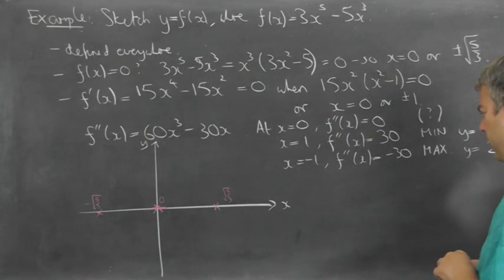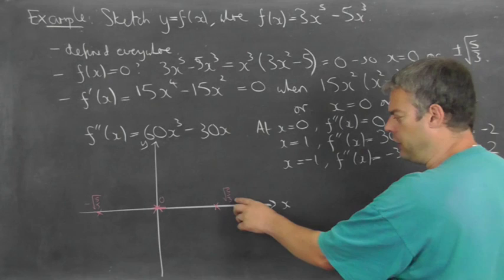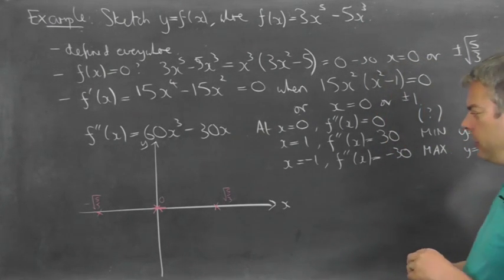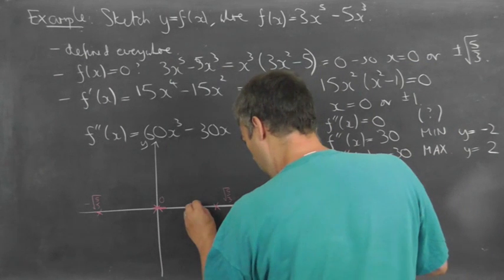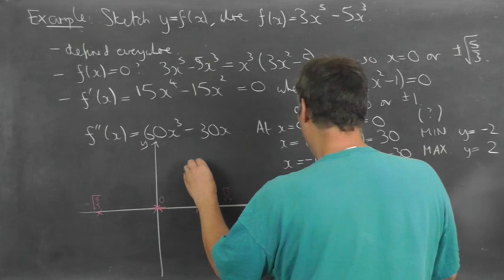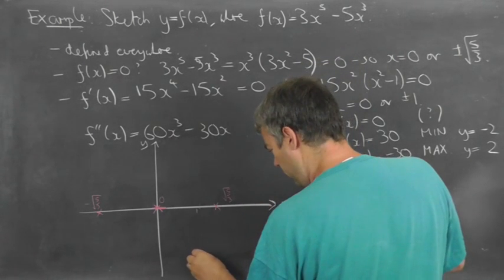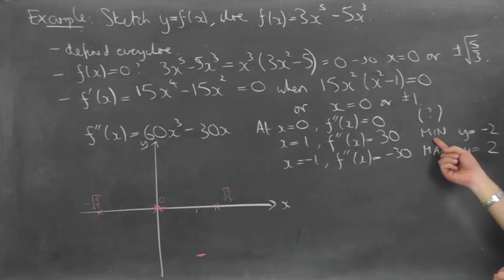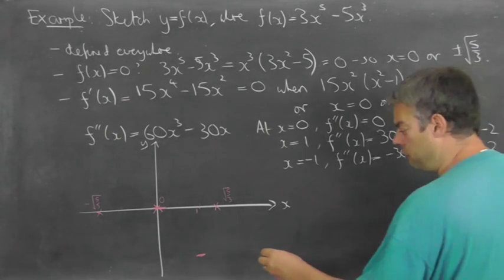So we can plot some points. So at 1, remember that the square root of 5/3 is a little bit bigger than 1, so 1 is in between these. So we have 1 here, and it has the value of minus 2. And this is a minimum, so either side of this it's increasing.